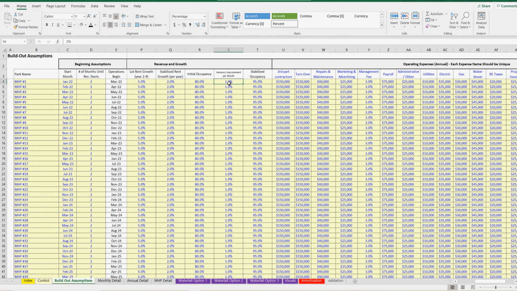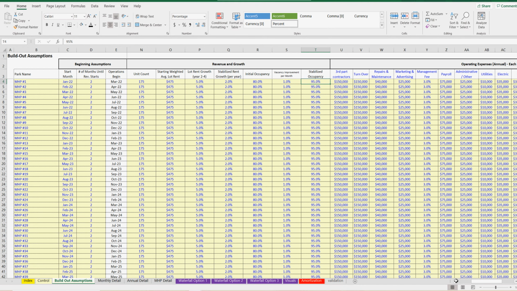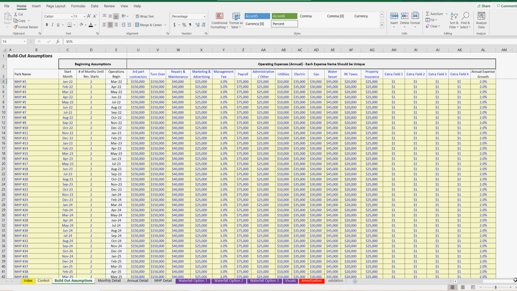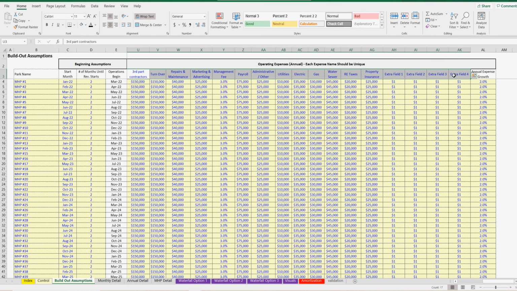It could be 100. It can't be over 100, but up to 100. However many months it takes, based on this rate, to get from here to here is how long you'll still see improvements in occupancy. So that's happening at the same time as the rent increases are happening.